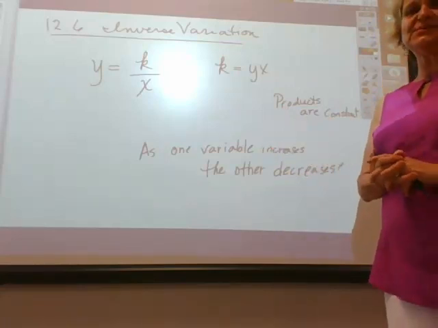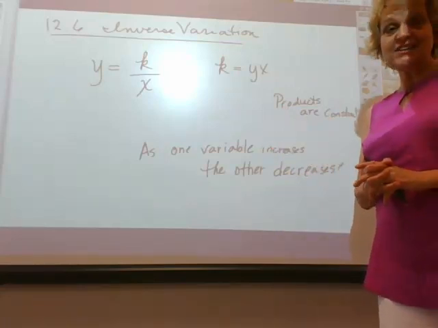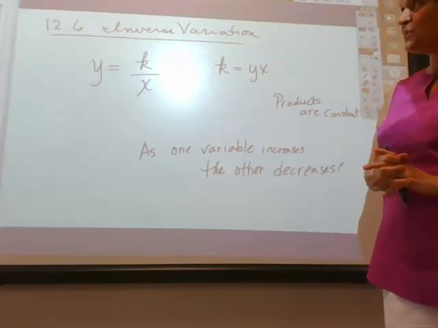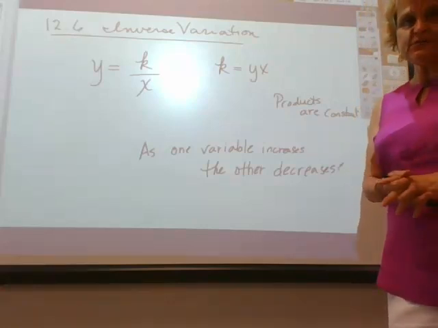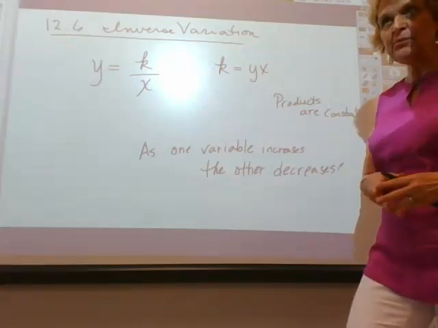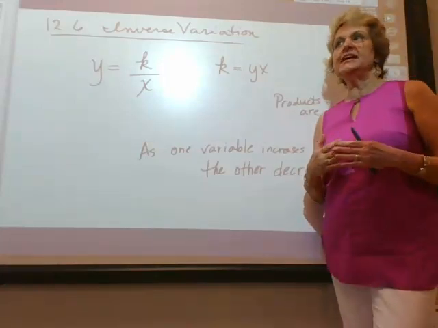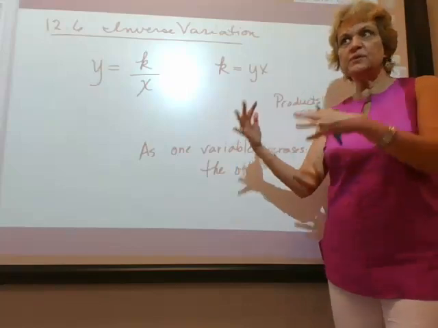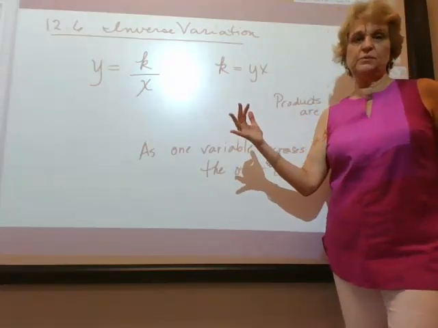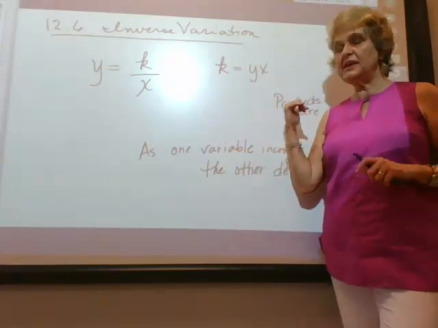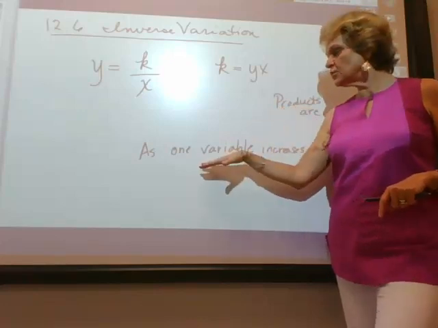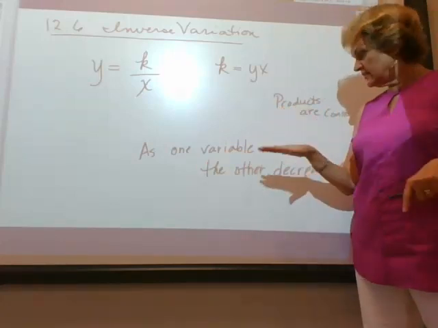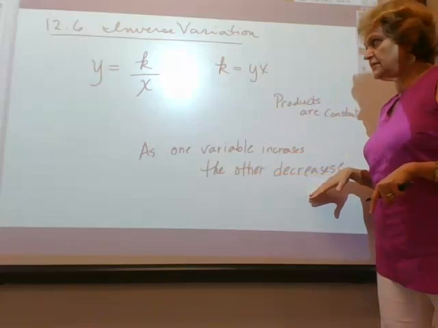All right, 12.6, the last section we're going to do in chapter 12, and this is on inverse variation. Now remember, with direct variation, if we doubled the x, the y doubled. If we tripled the x, the y tripled. But with inverse variation, as one variable increases, the other decreases, okay?